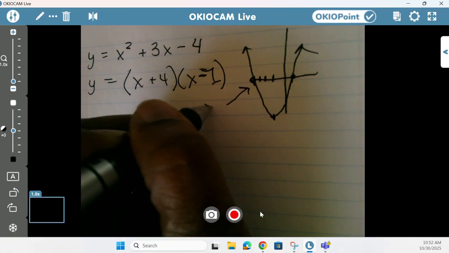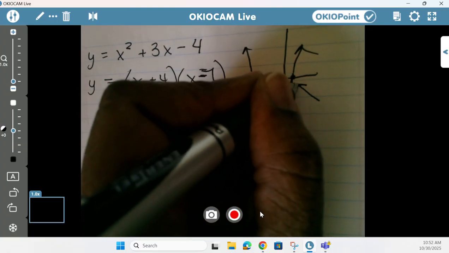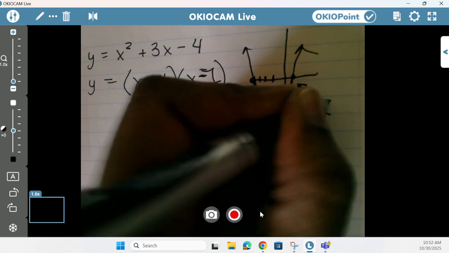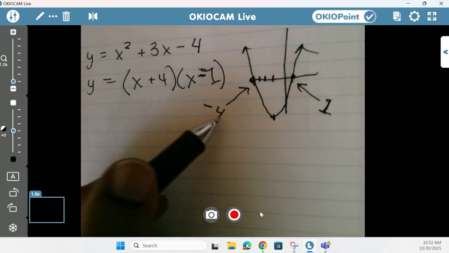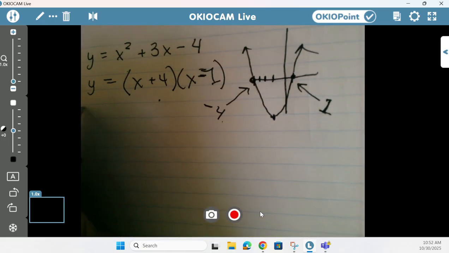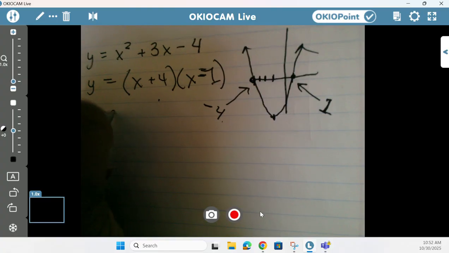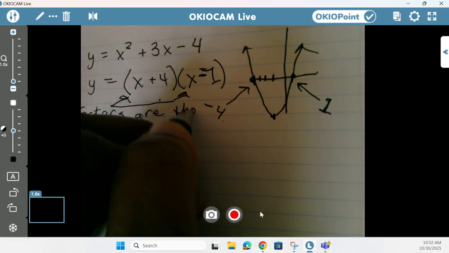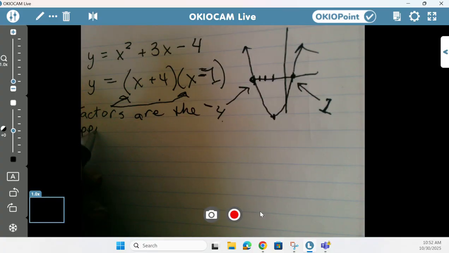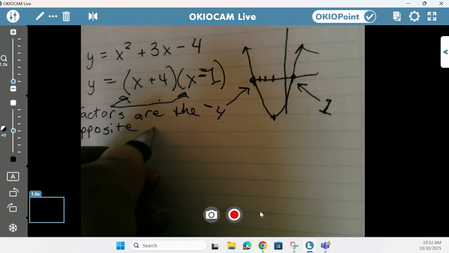This 0 is at negative 4. This 0 is at positive 1. Because the zeros are where they are, the factors are written as the opposites. These are the factors right here, x plus 4 and x minus 1. The factors are the opposite of the zeros.